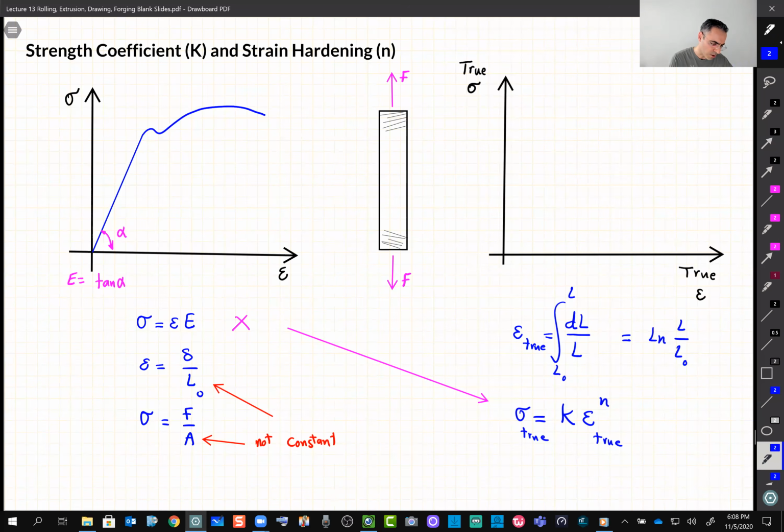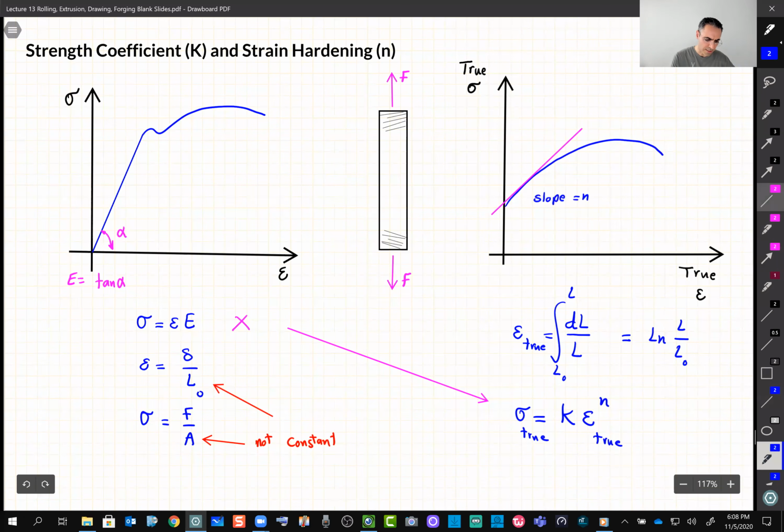So if I plot this graph now, sigma true versus epsilon true, I will get something more like this, if I try to draw it. All right. And what is K, what is n in this graph? If we draw a tangent line at the very beginning, the slope of this tangent line is equal to n.